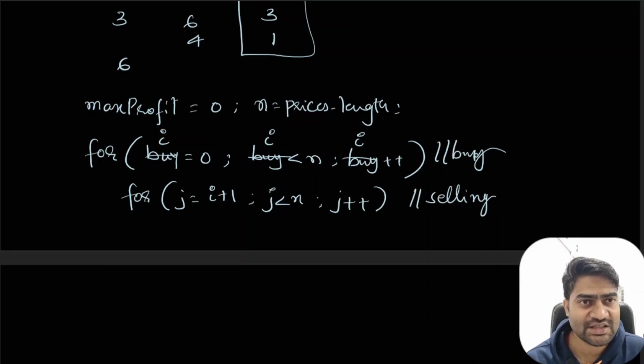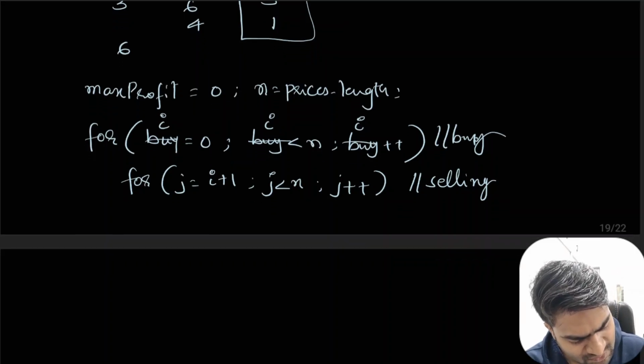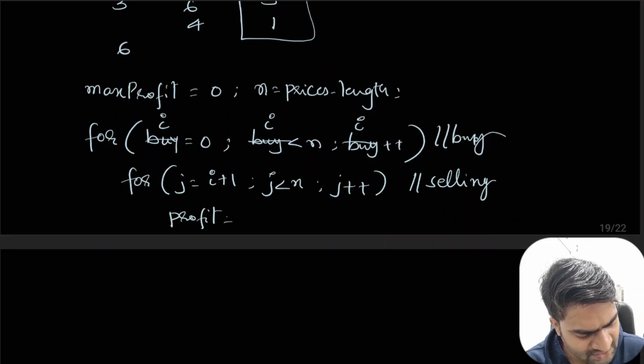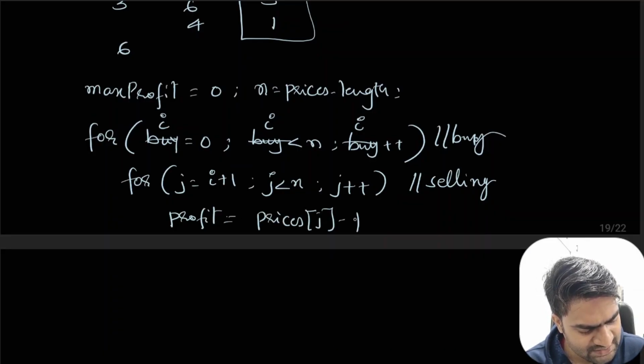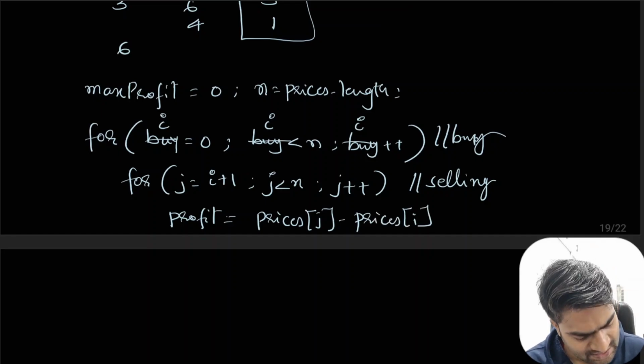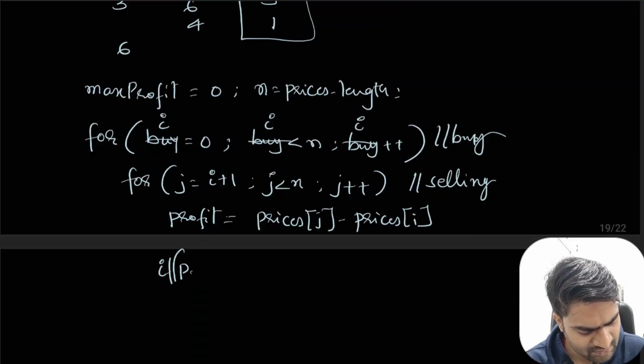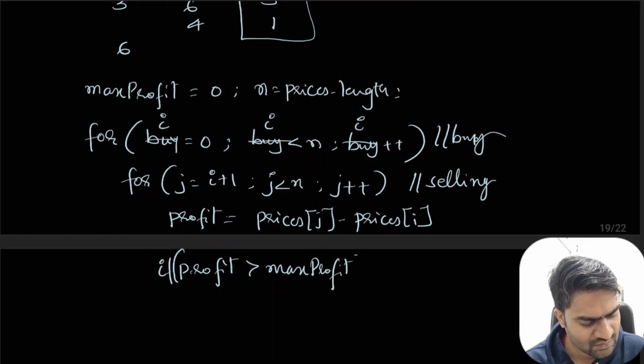I will try to sell on each day and I'll see what is the profit. Now my profit equal to prices of j minus prices of I. Okay. Now I will check if my profit is greater than max profit, then what I will do?